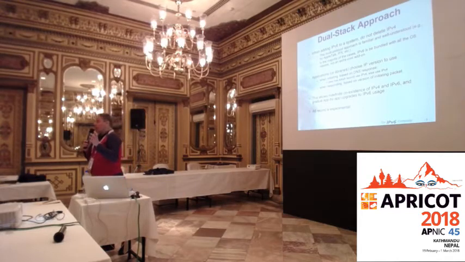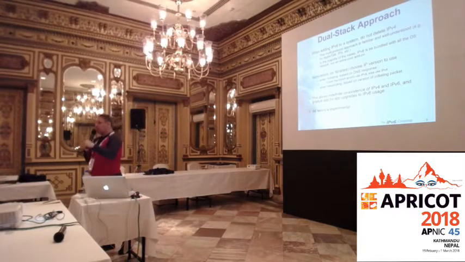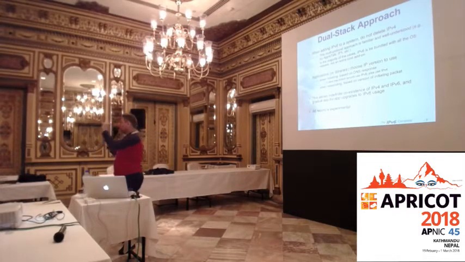And the operating system or the application, for example a web browser, will query the server, for example www.google.com, and then it will get, instead of an A record, a Quad A record.